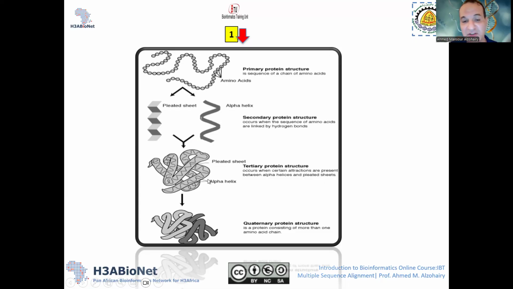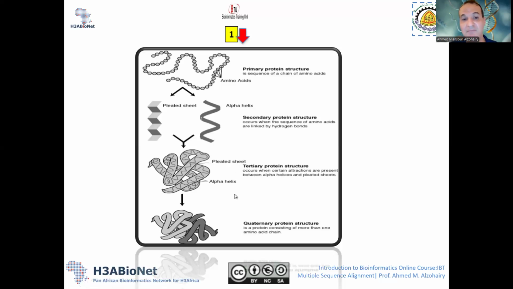Then we have the tertiary structure, which occurs when certain attractions are present between alpha helices and beta pleated sheets like here. And we also have the quaternary structure, which happens when a protein consists of more than one amino acid chain. So this is based on our knowledge of primary, secondary, tertiary, and quaternary structure.